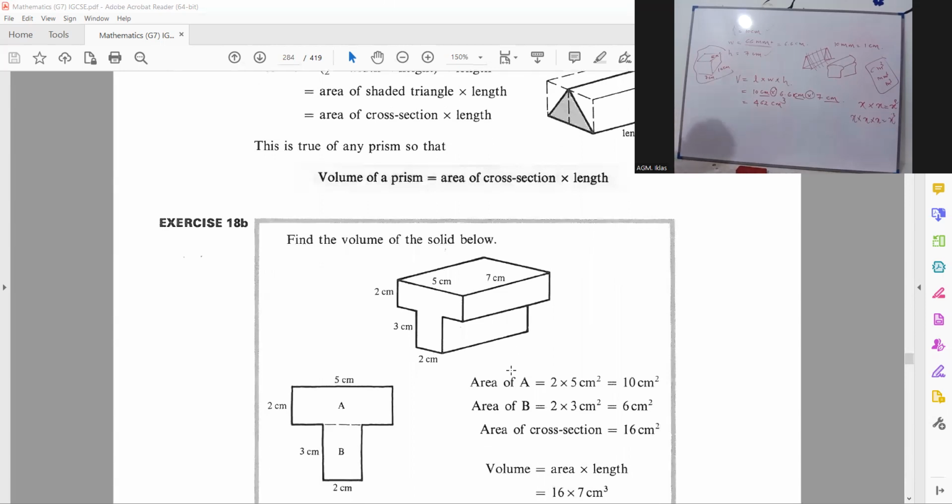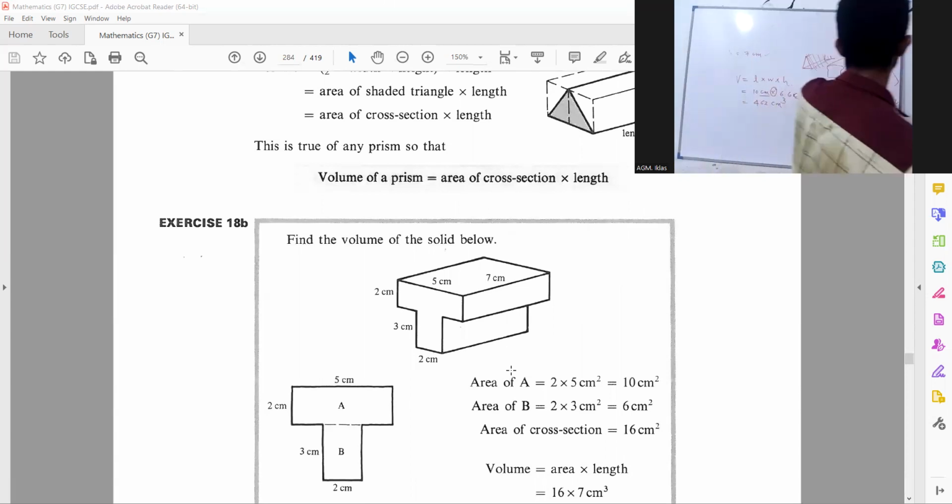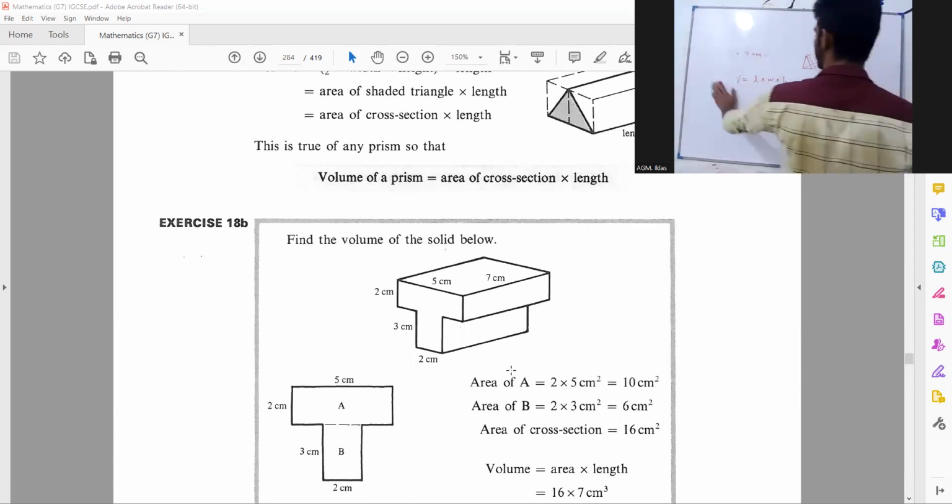Now I already explained what the equation is for finding the volume of this.